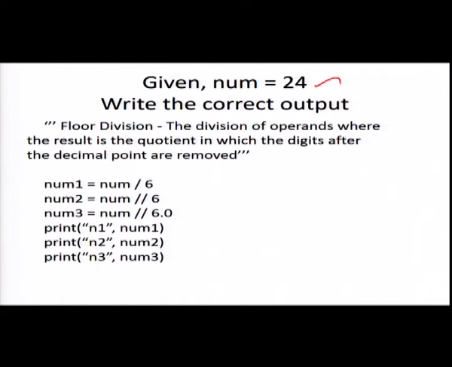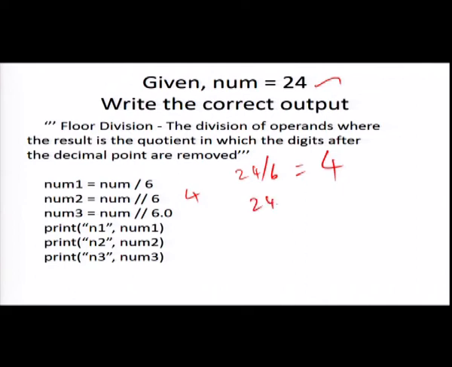What is 24 by 6? We get the result as 4. Now, num equal to num double slash 6. Again, it will take only the quotient, not the remainder. So, it is again 4. If I give num equal to num double slash 6.0, this type of division is called floor division.